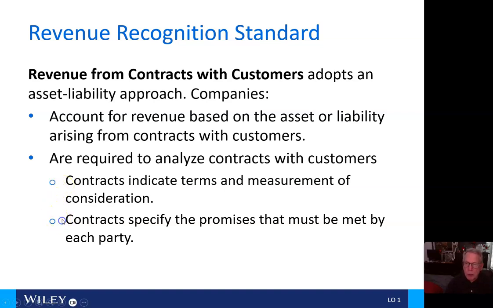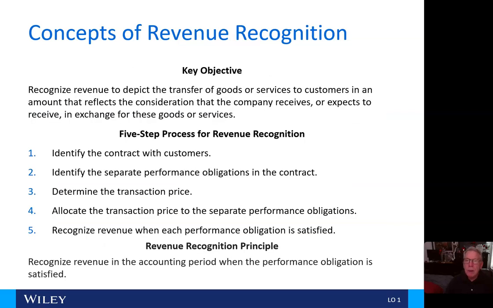Sub-bullet two, the contracts specify the promises that must be met by each party. Okay, the key objective then is recognizing revenue to depict the transfer of goods or services to customers in an amount that reflects the consideration that the company receives or expects to receive in exchange for these goods or services.